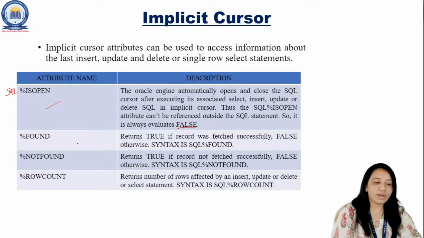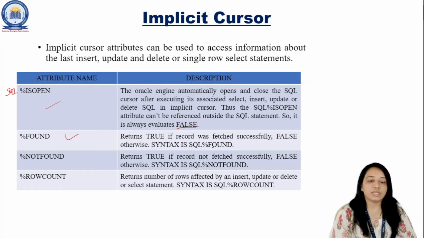The next is found. As I told you, whatever the name of the cursor, that will precede the attribute, so SQL%FOUND. Whatever the last statement we have executed, insert, update, or delete, depending upon that, if it retrieves some data successfully then it will return true, otherwise false.